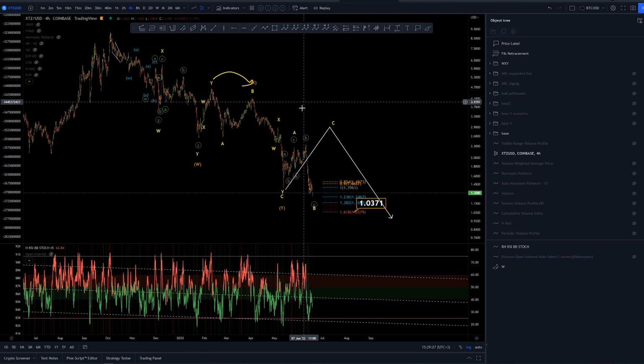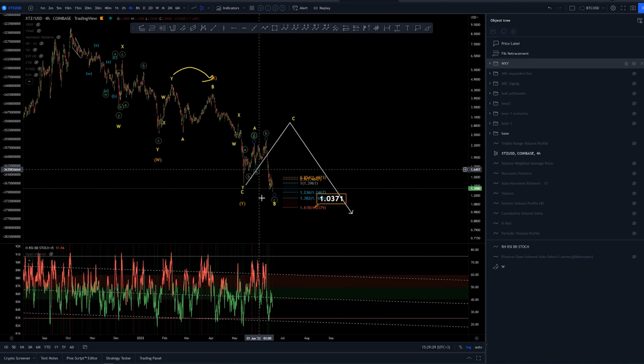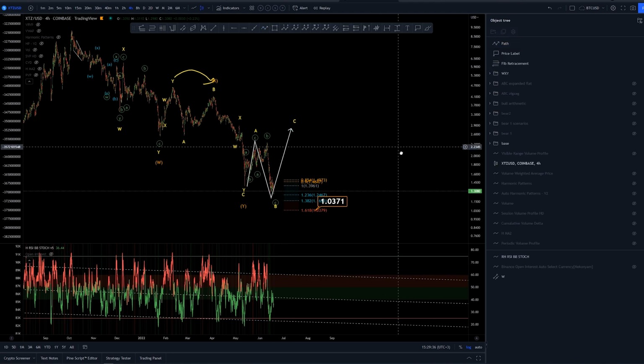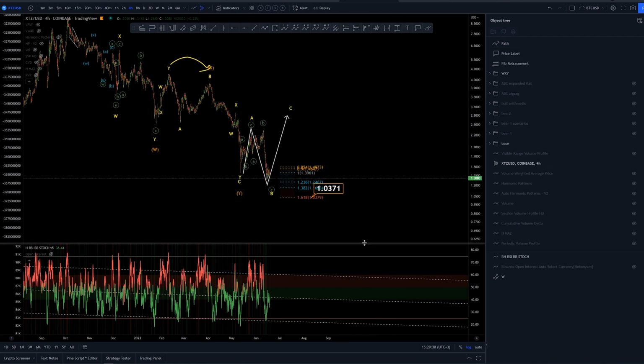What else did we have? We had this possibility if this indeed completes as an ABC here in the minor. It is possible that we are still going to go down, and this count would suggest that.